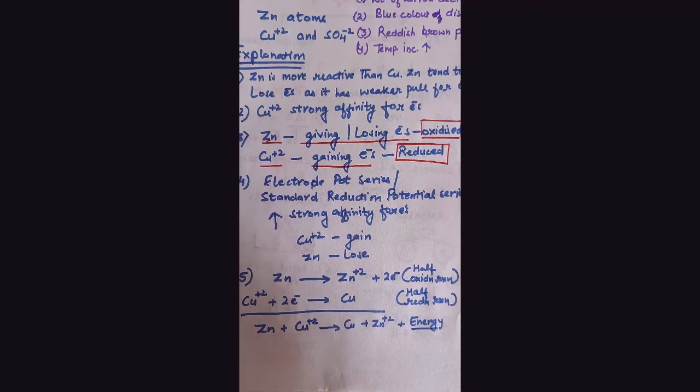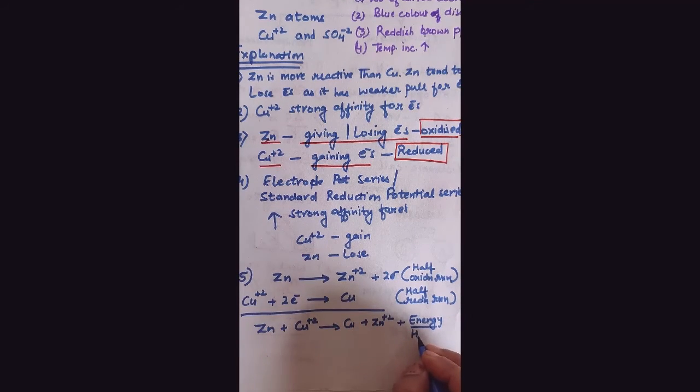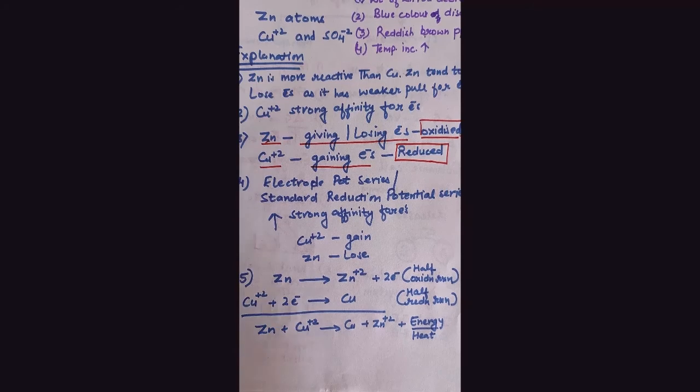We can feel this energy in the form of heat, because we are not using any wire for electrons to move, and we are not using a bulb to see it glow from the production of electrical energy. Right now, we will observe that the beaker becomes hot, meaning the energy is released here.